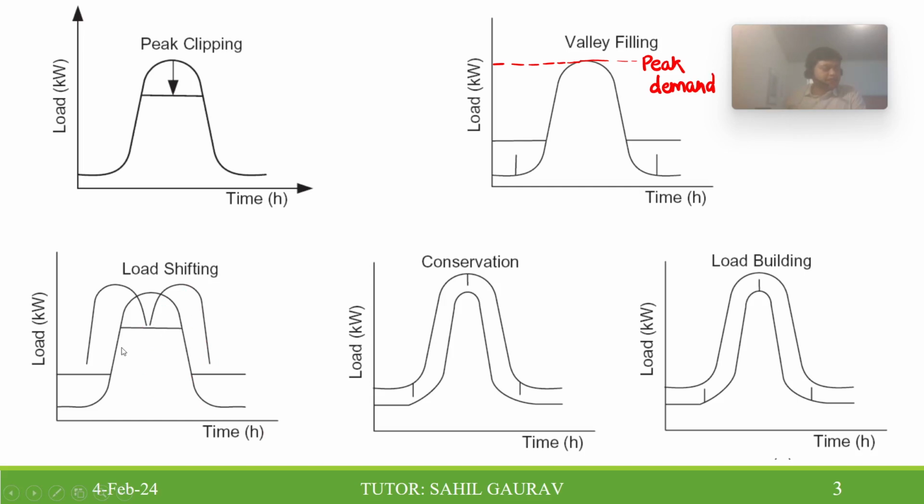In this case, you can say there is a reduction in peak demand, but no change in total energy consumption. Because whatever the energy consumption during peak hours, you are shifting to off peak hours. So energy consumption remains as it is, while the peak demand reduces.